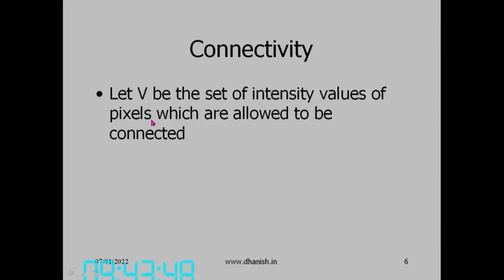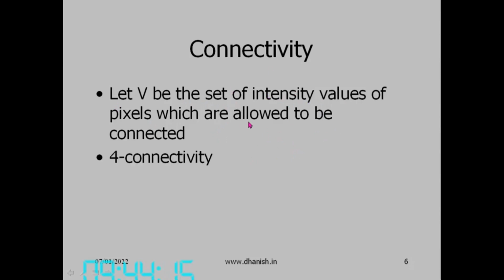Certain levels of pixels, we say they all belong to an object. Usually the object color will be more or less similar. So all with, say, red color, we can treat as object, and all with black color we can treat as background. It all depends on the intensity values of the pixels. So how do we connect these pixels together?